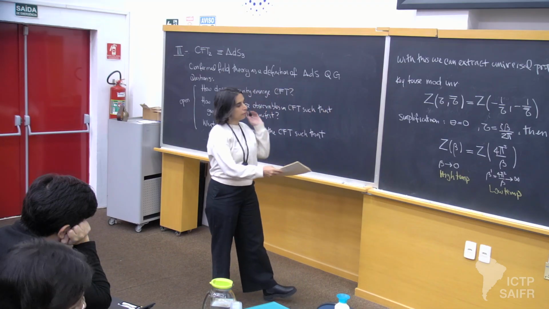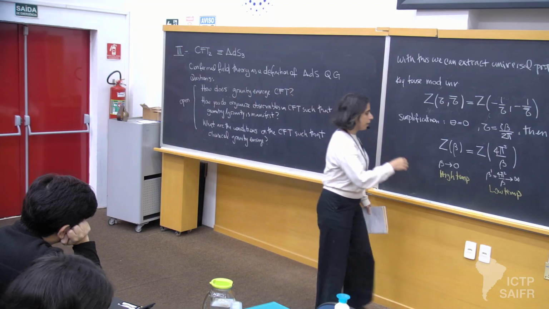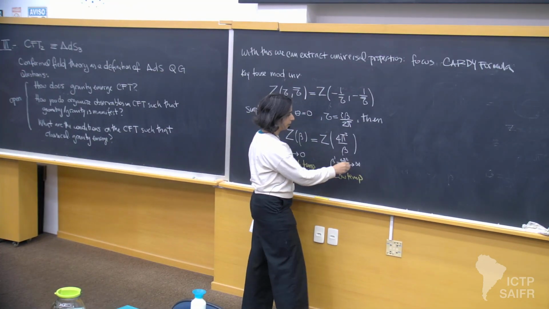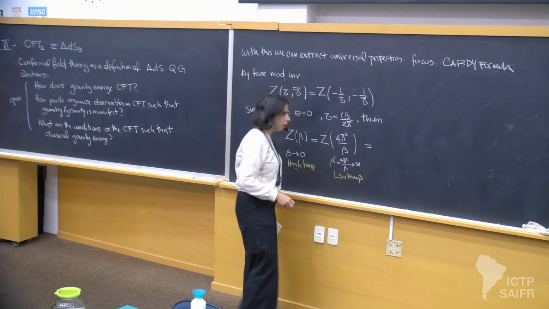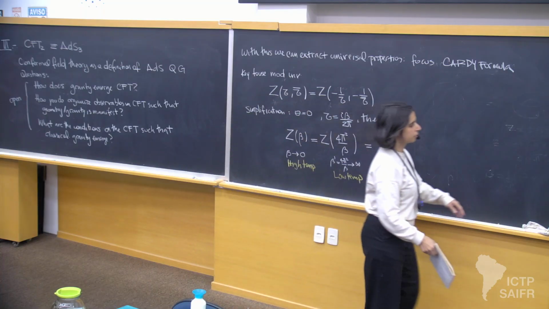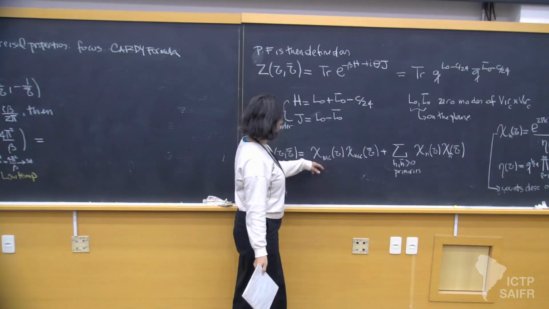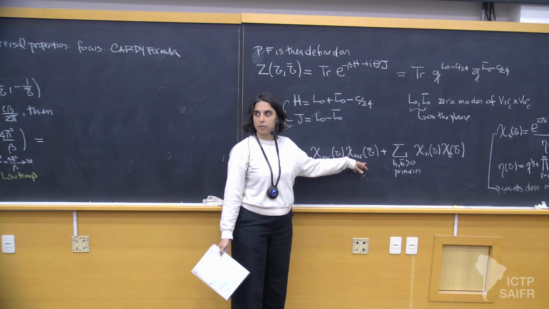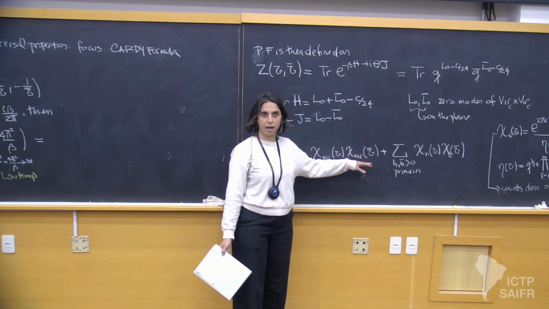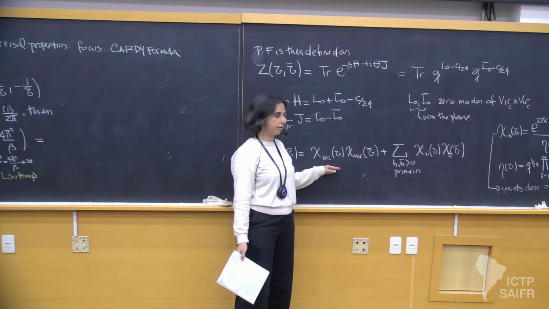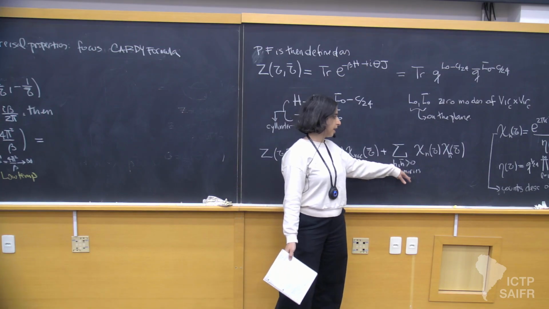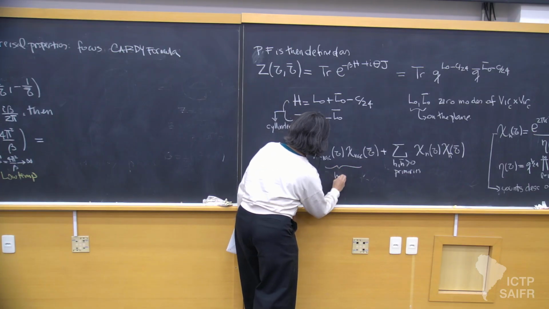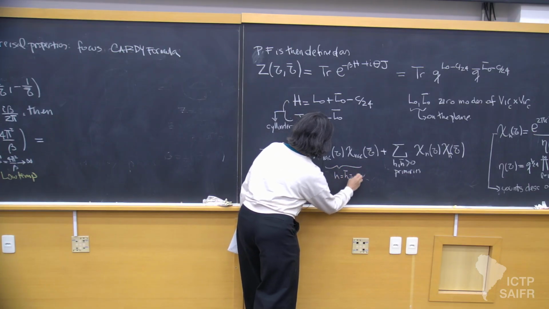So let's use this. The way that we're going to use this is that at low temperatures, we know from these expressions, and also from my assumptions, that the spectrum is organized in terms of the various states that I have. I have a lowest energy state, which is the vacuum, and then I have excited states. By vacuum, just to be clear, this is the state that has h and h bar equal to 0.